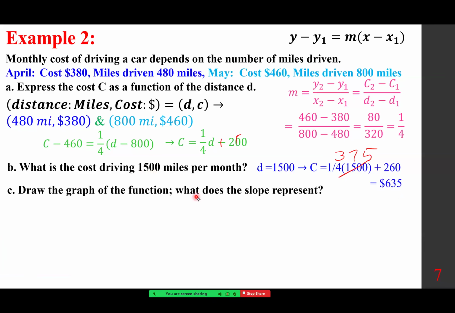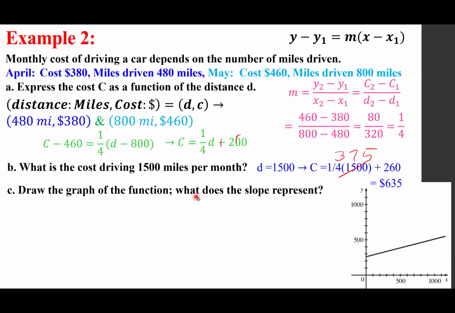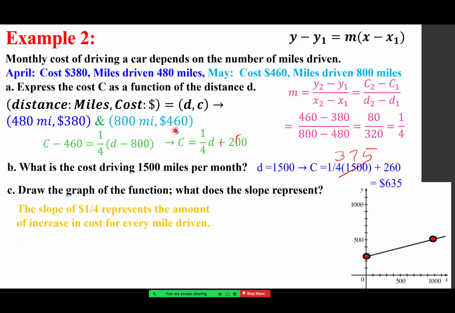Draw the graph of the function. What does the slope represent? It's easy to pick up a couple of pairs that are given, 480 and 380, 800 and 460.